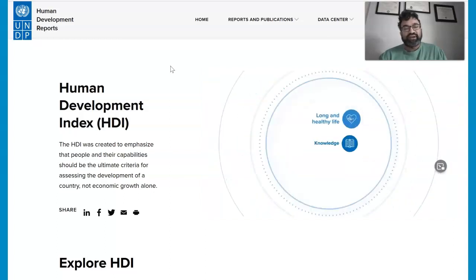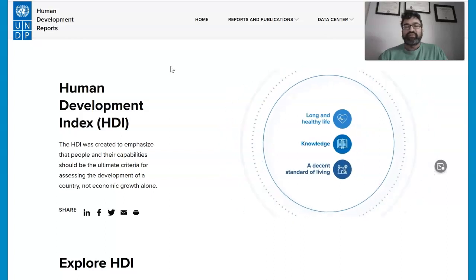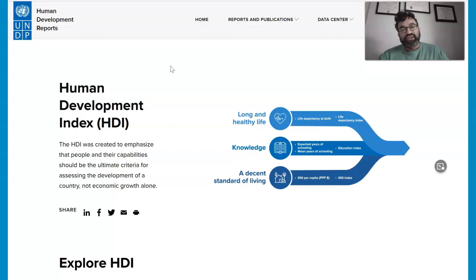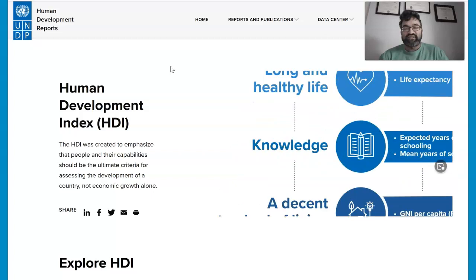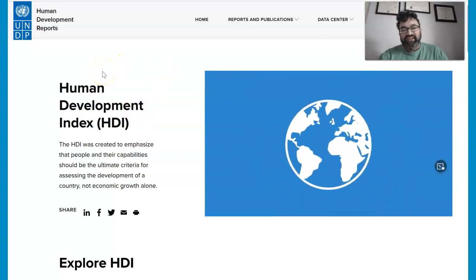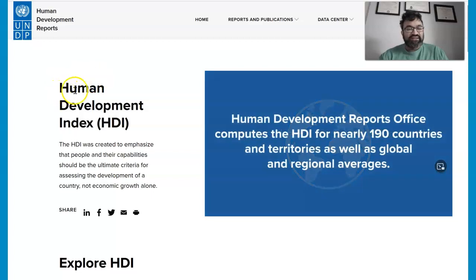And in this video, I'll be talking about a composite index, which is very useful in social research. It's a global index that is used more so than something used countrywide. For instance, you would see this more in a global health study. That is the Human Development Index.